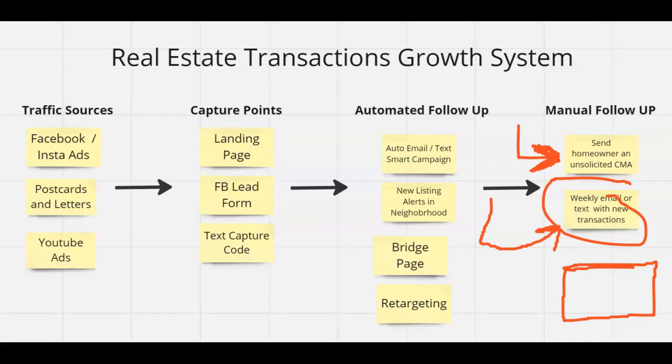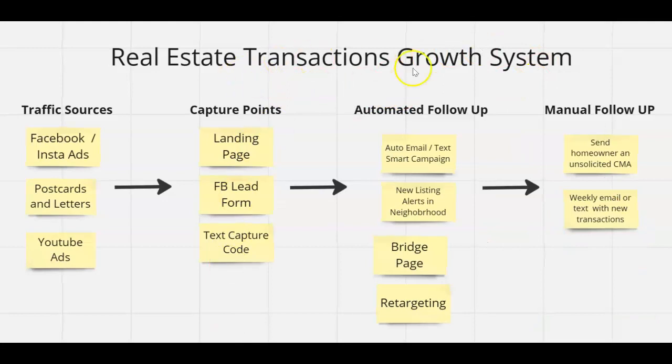Now that you have these leads coming in around this idea, and they're a homeowner in the area, it opens you up to maybe provide value, or get your name out there related to any number of things. So we may talk a little bit about that, but this is what a typical funnel or growth system will look like. We'll always have traffic sources, capture points, automated follow-up, and manual follow-up. And this is the stuff, the videos that we're going to be creating as we move through this series or through this course.